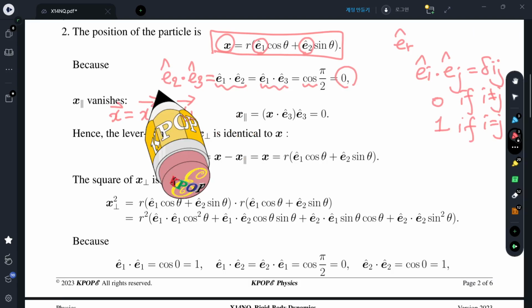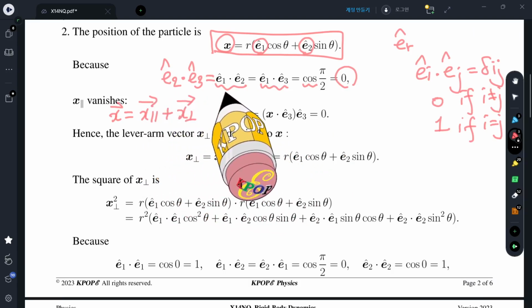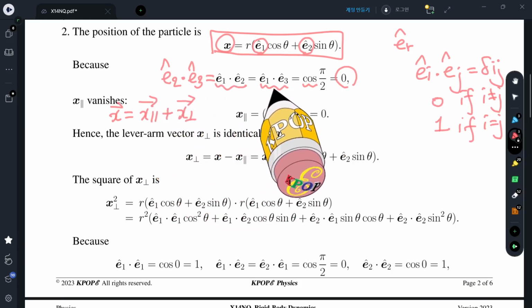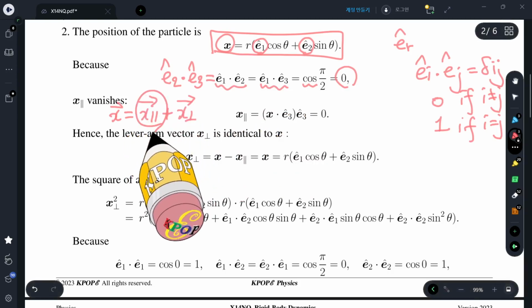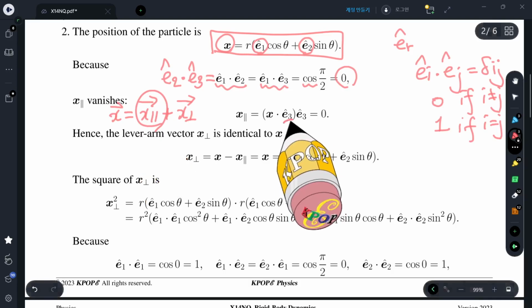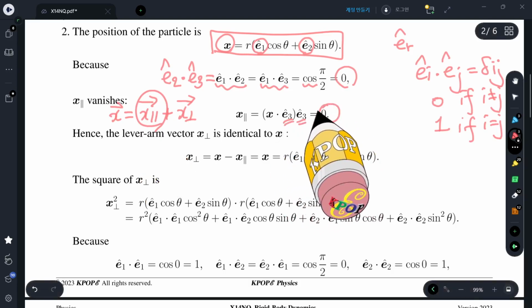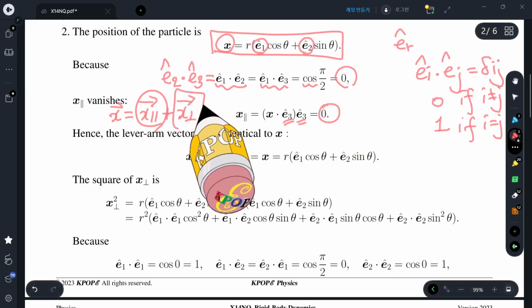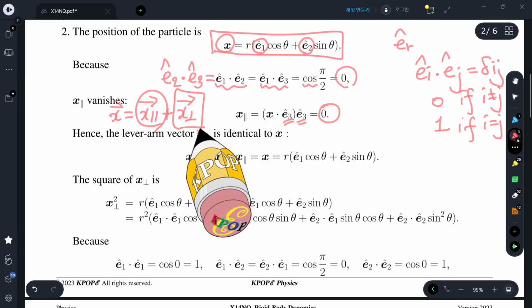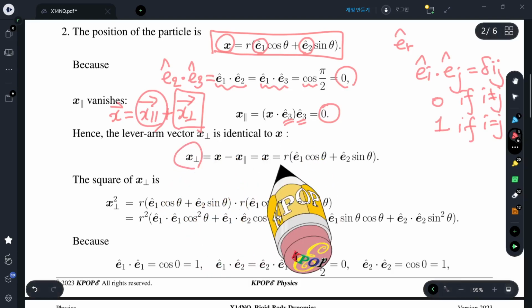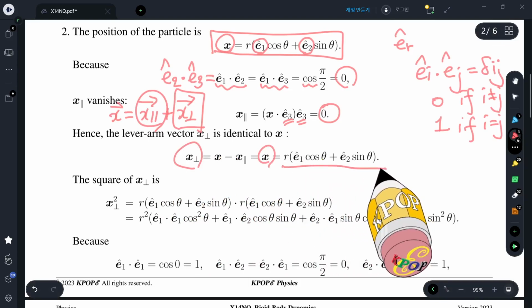So because of this, the 1 and 2 components are all perpendicular to the axis of rotation. X parallel, that is parallel to the axis of rotation, vanishes. Hence the lever arm vector, representing the perpendicular distance and the direction from the axis of rotation, is nothing but the x vector itself.